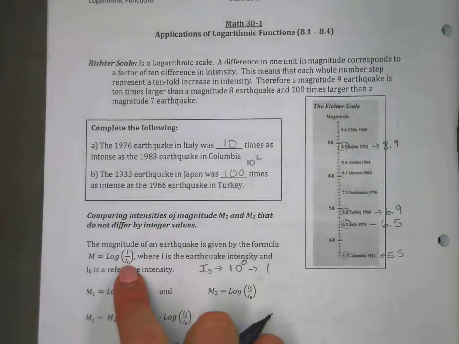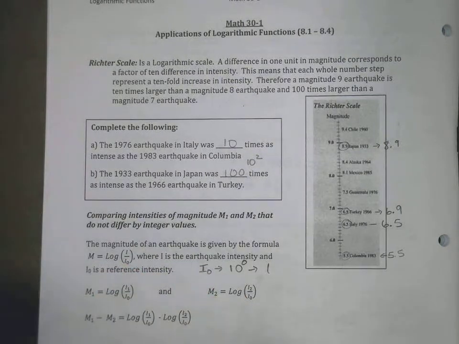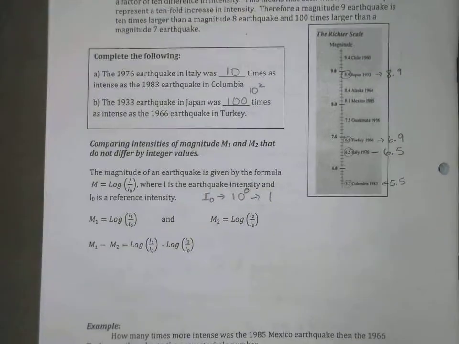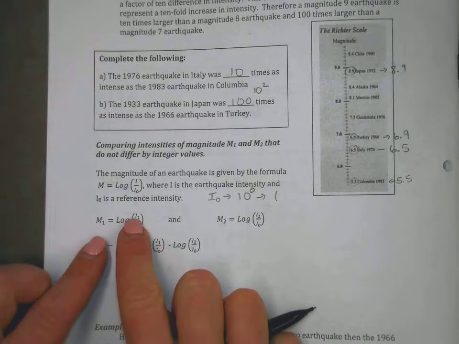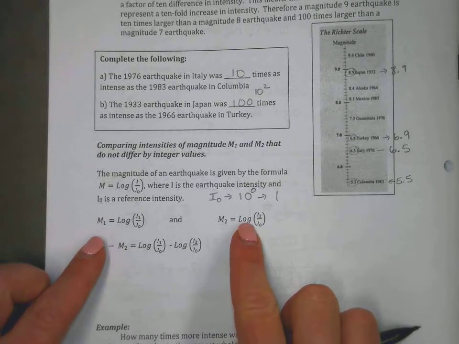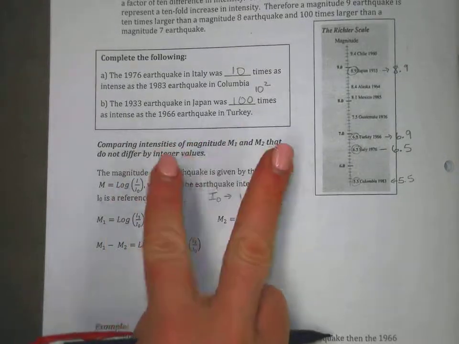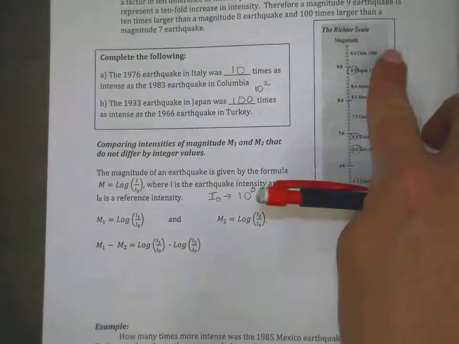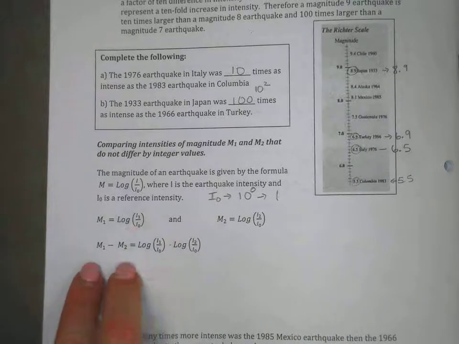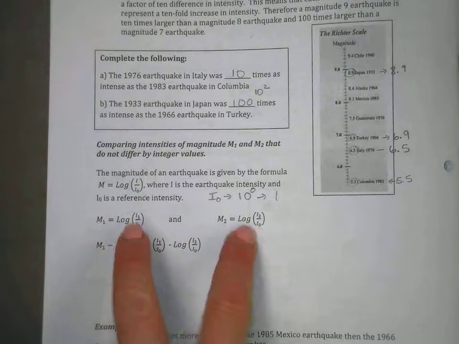So if we're given a magnitude 1 equal to log of intensity 1 over reference intensity, and magnitude 2 equal to log of intensity 2 over reference intensity, and I wanted to compare these two magnitudes on my Richter scale, I would subtract these two logarithmic equations. When I do that, I'm going to simplify to get a more simplistic equation that I can use to compare any two magnitudes.